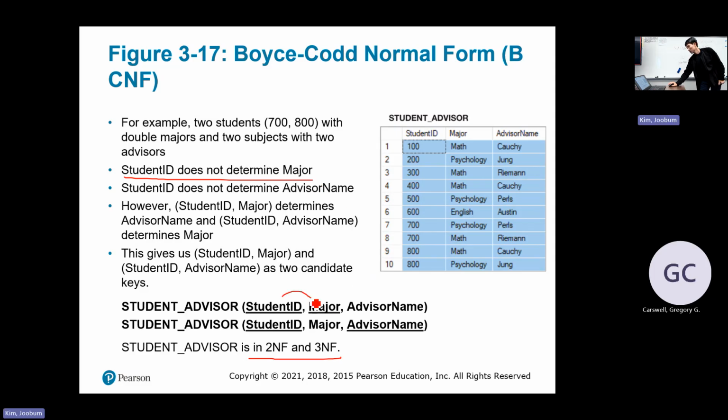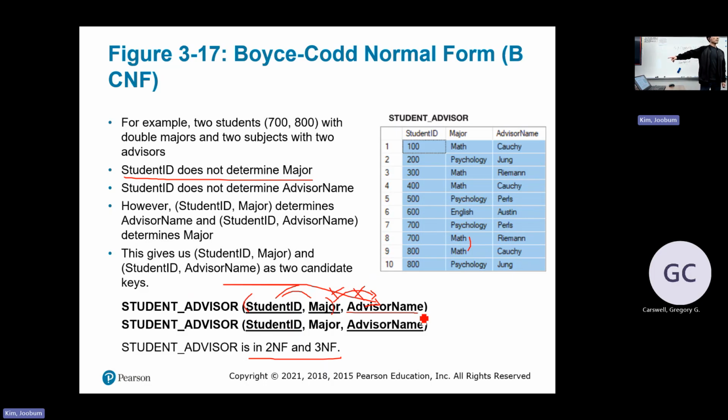So this is not satisfied. And does major determine advisor name? Major math determines Riemann and Cauchy, multiple values associated. So major, part of the composite primary key, cannot determine advisor name. So only student ID and major can determine the non-key attribute.